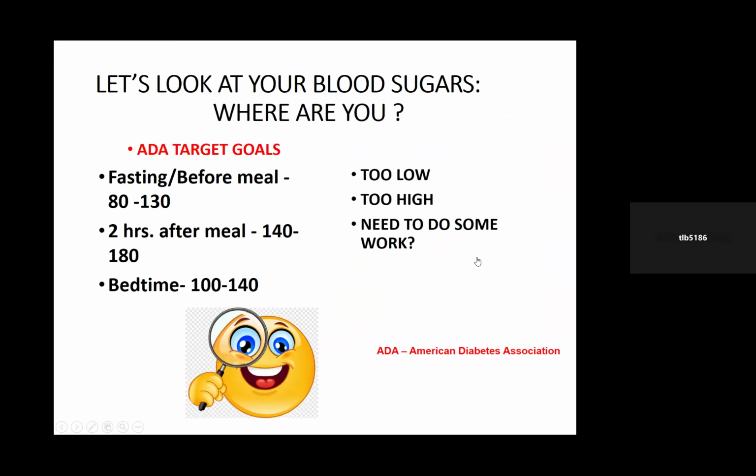So when we talk about our goals for our blood sugar, the American Diabetes Association has set targets for what our blood sugar should be at certain points in the day.